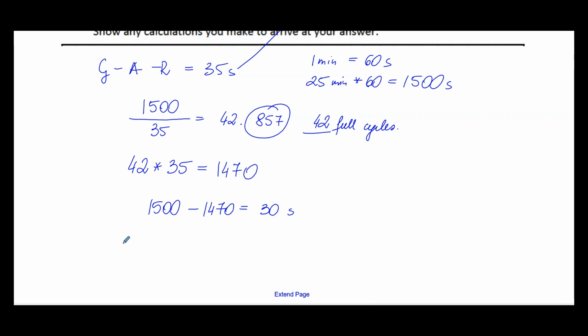So we are having all those cycles, green, amber, red, isn't it? We're having all of those from the first all the way to the 42nd cycle where we go green, amber, red. And then another 20 seconds, and I'm going to see what?